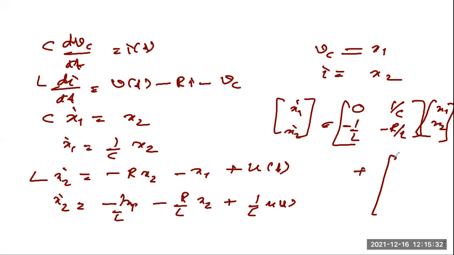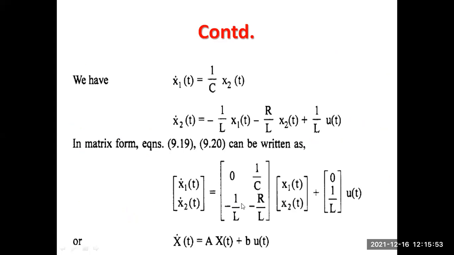Plus, for the first term there is no constant term, so this will be 0, and for this one it is 1 by L. So this is your input vector. Just cross check: 0, 1 by C, minus 1 by L, minus R by L, x1, x2, 0, 1 by L. So this is the form x dot(t) equals A x(t) plus B u(t).